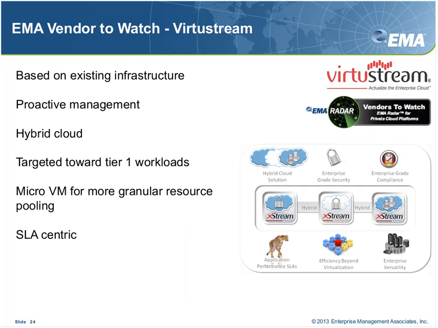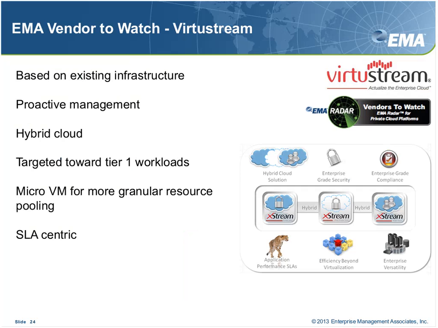Finally, I want to mention VirtuStream, a very interesting solution. VirtuStream injects security, compliance, SLA management, and general efficiency into the existing virtualization environment in your current data center, so that you can run mission-critical workloads within your cloud without ripping and replacing what you currently have deployed.